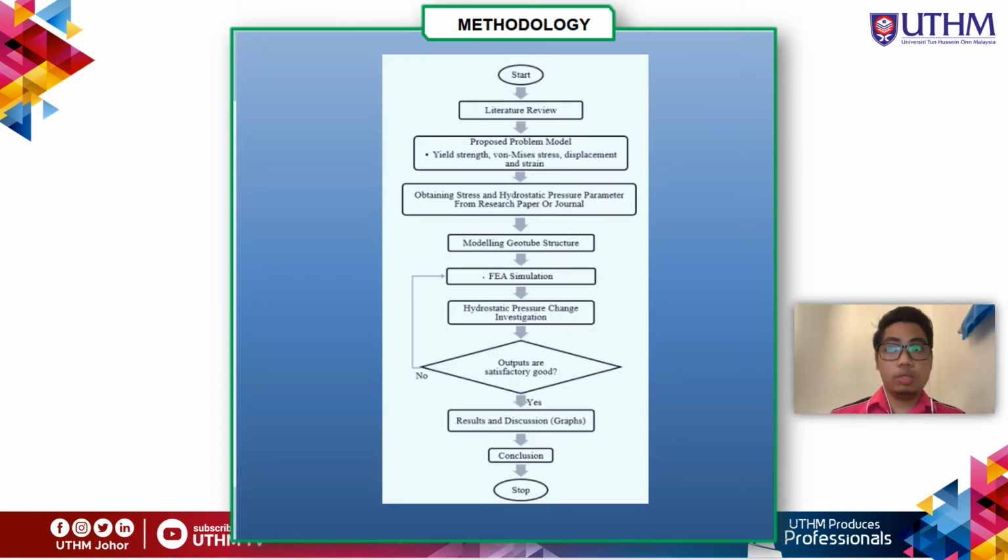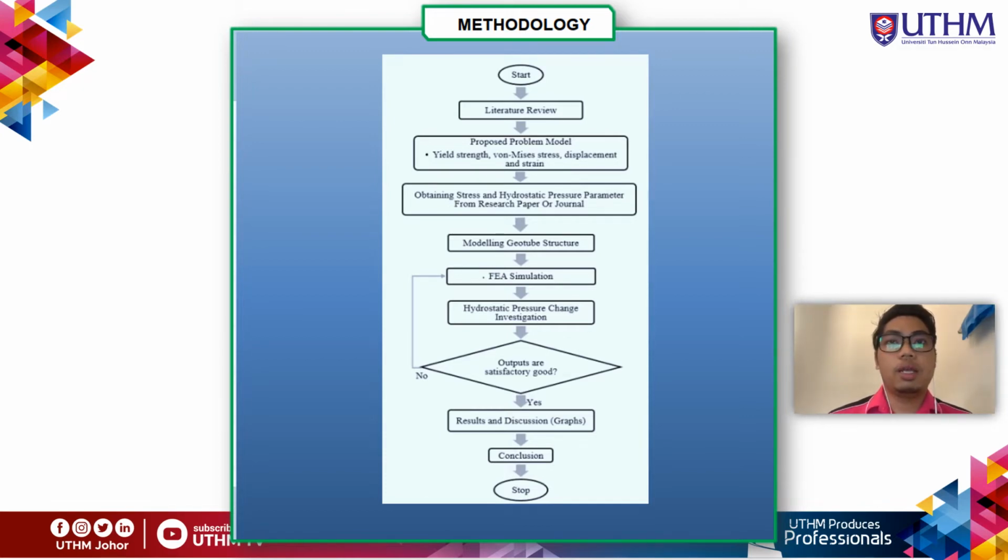So we go to the next part, which is the methodology, and this figure shows the methodology of this study. We start from the first step, which is the literature review, where journals and research papers were reviewed to find out more about the geotube structure. Next is the proposed problem model, which is what output may come from the simulation process.